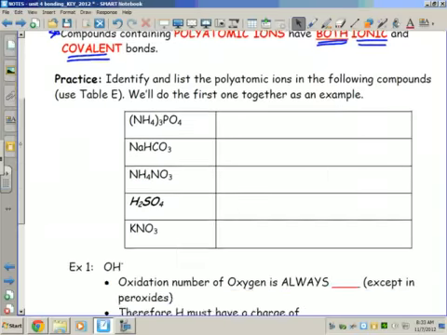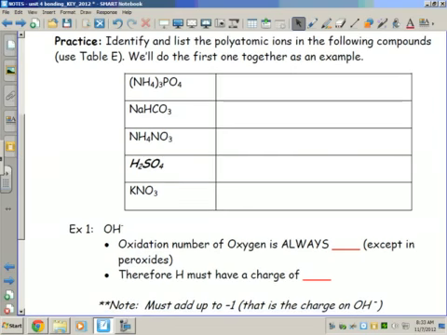The last thing we want to do is just practice using Table E in your CRTs. That's on the second page at the top. We just want to practice identifying the polyatomic ions because that's a sticking point for a lot of people. And so I'm going to teach you how to separate these. Using Table E, you'll find a polyatomic ion here and a polyatomic ion here.